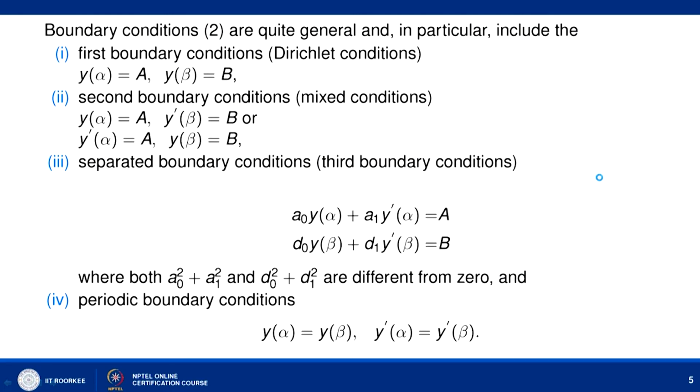Now, the boundary conditions which we have considered, L1y equal to A and L2y equal to B, are very general boundary conditions, and we can write many more boundary conditions as special cases of L1y and L2y. So, first let us take a special case where L1y is given as y alpha equal to A. Here L1y is y only.